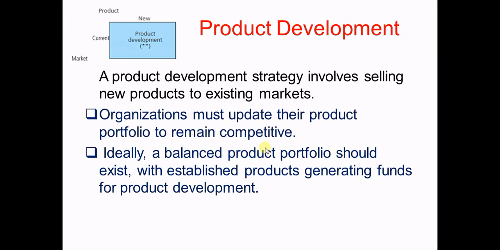The other strategy, alternative, in terms of Ansoff, entails developing new products but within the same market. So this is where, obviously, from your SWOT analysis, you've identified that there's still room in your current market to grow.